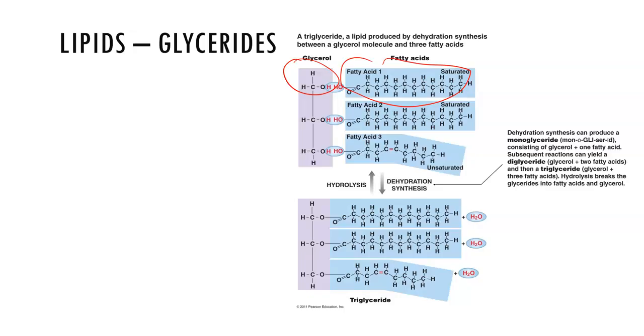We see these glycerides in fat deposits, and they have to be broken down in order for our body to be able to use the fatty acids as an energy source. I'm going to have to stop here because I have a 15-minute limit on these videos, and I will continue with the lipids in another video.